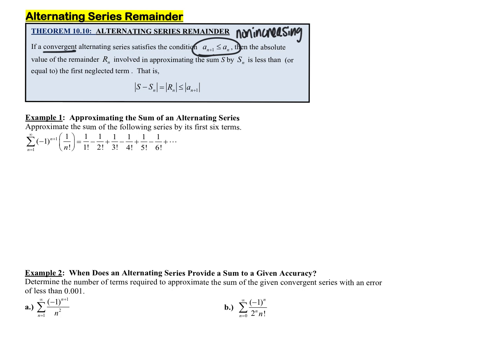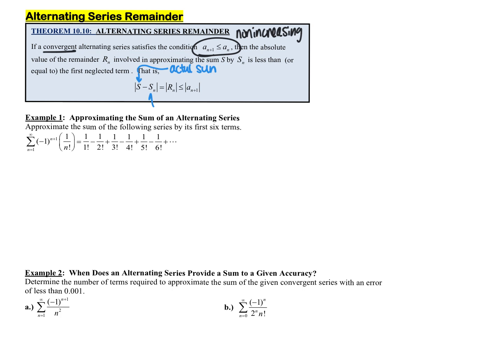Just realize it's decreasing, or it could stay the same. Then the value of the remainder, Rn, involved in approximating the sum is less than or equal to the first neglected term. So this is a lot of words. So what does this mean? So this big S right here, this is the actual sum of the series.